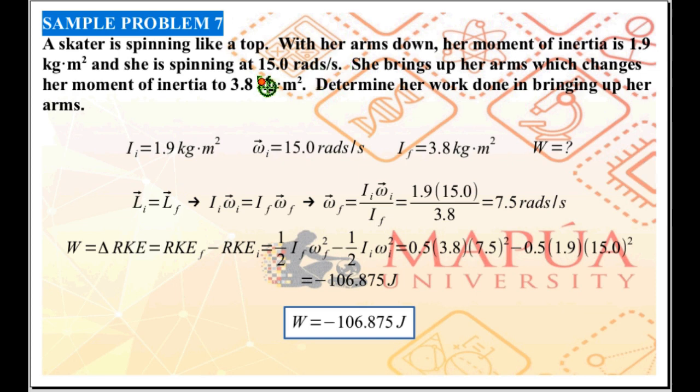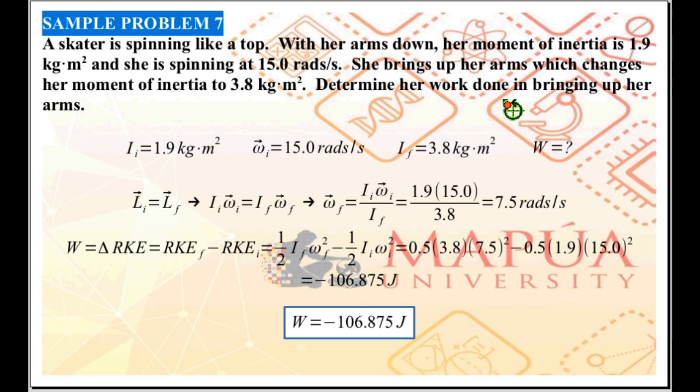Assuming positive direction, initial angular velocity is positive 15 radians per second. And when she brings up her arms, her moment of inertia changes to a final value of 3.8 kilogram meter squared. So I final is 3.8 kilogram meter squared.